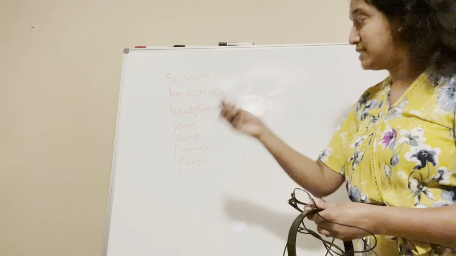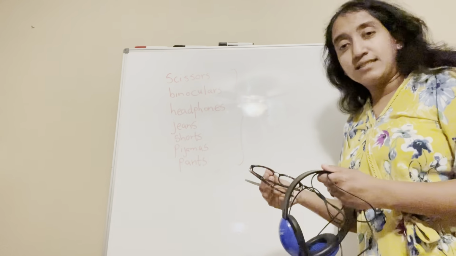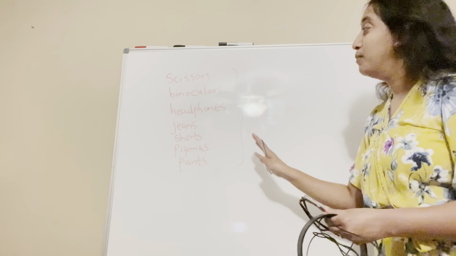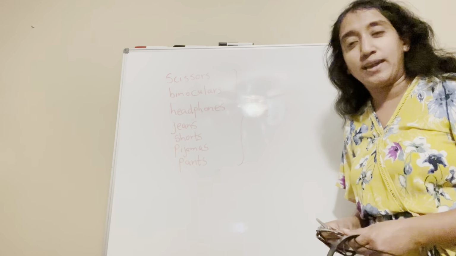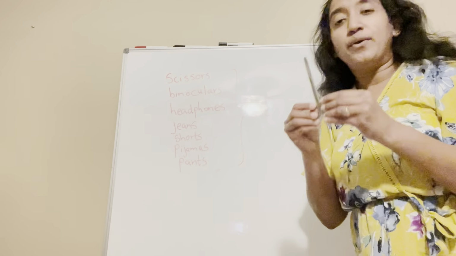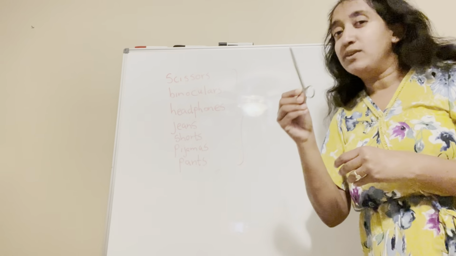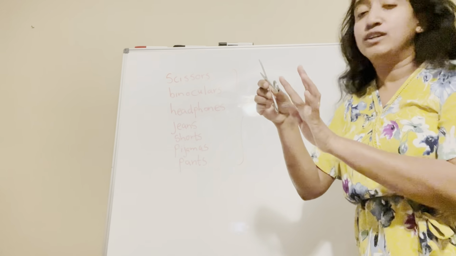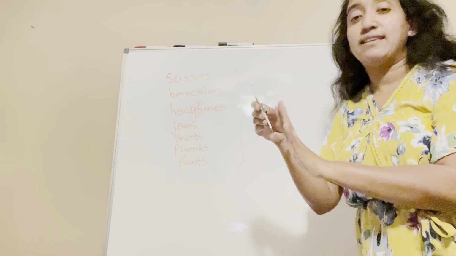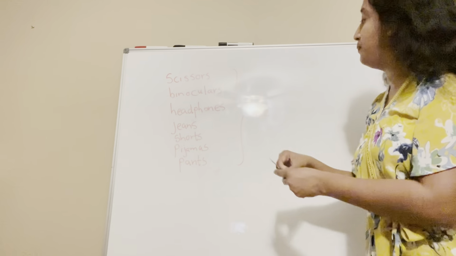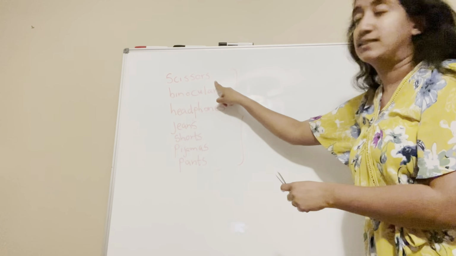Headphones, scissors, glasses. We always consider them as plural nouns. Why? Let's take the scissors. You are right, we have only one scissor. But see, the scissor has two linking parts. It has two parts to it. That's why we use are with the word scissors.